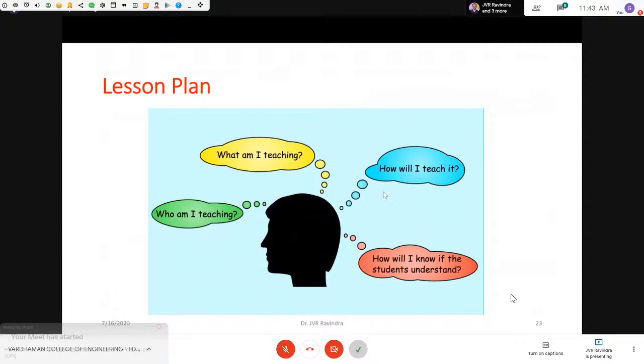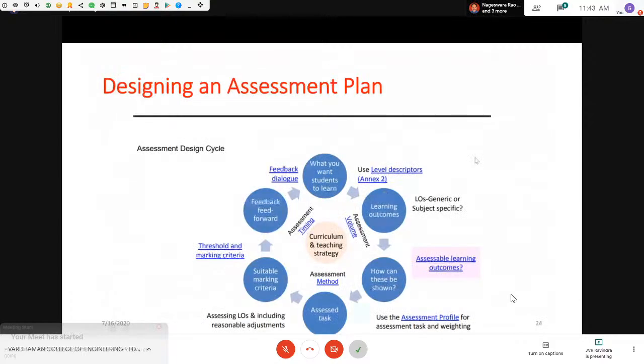Begin with whom am I teaching, and prepare a fantastic lesson plan. And now the next one, the designing of the assessment plan.